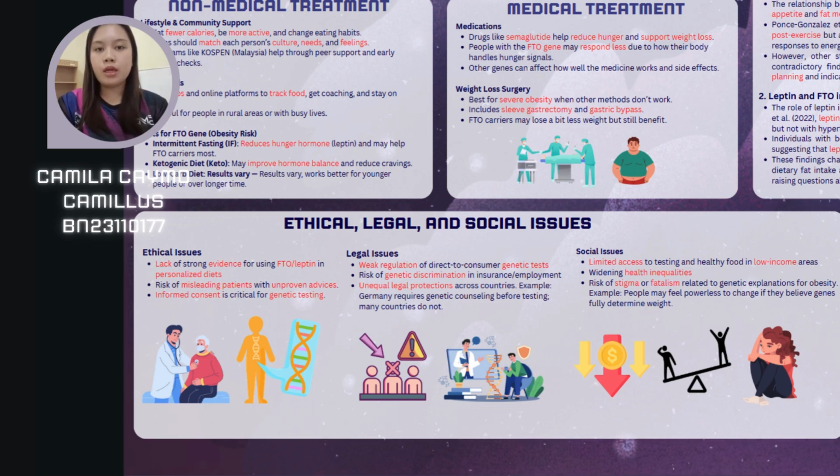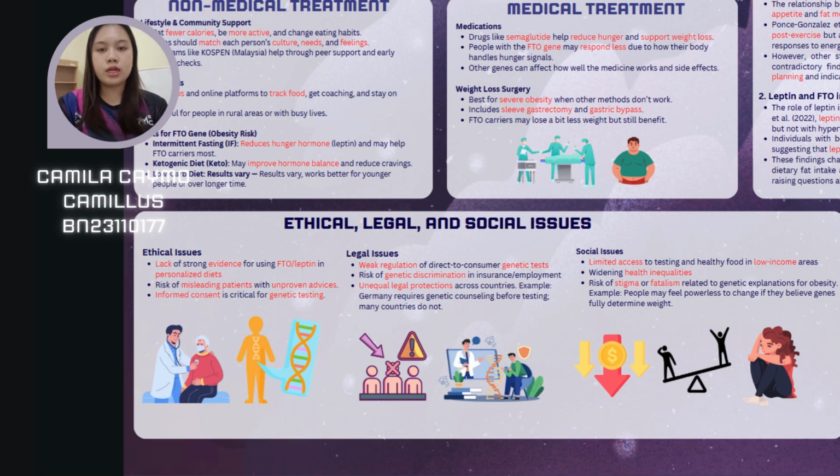Legally, many countries lack proper rules for direct-to-consumer genetic testing. This can lead to misleading health claims. There's also the risk of genetic discrimination, especially in jobs or insurance. While countries like the US and Canada have laws to protect people, many others don't.